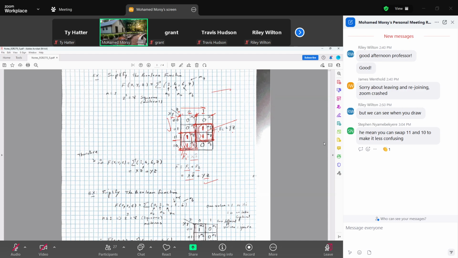Therefore, F as sum of minterms equals XZ inverted plus YZ. We are given this, and from here we reach F as sum of products.